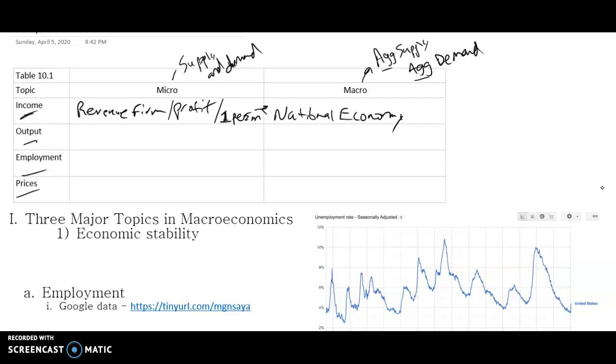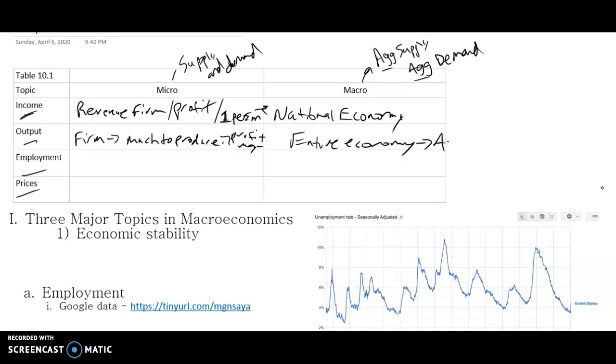Output, much of the time you talk about output for an individual firm, how much to produce. And a lot of times you talk about the profit max amount to produce for an individual firm. Whereas in macroeconomics, you look at the output of an entire economy.